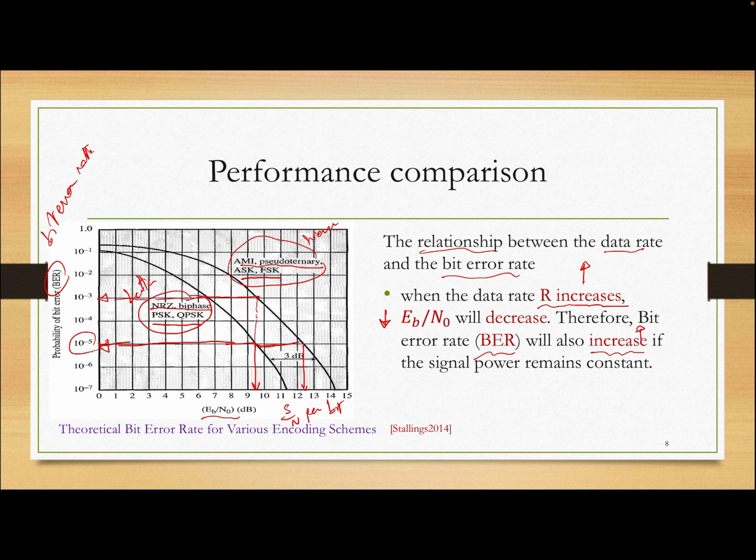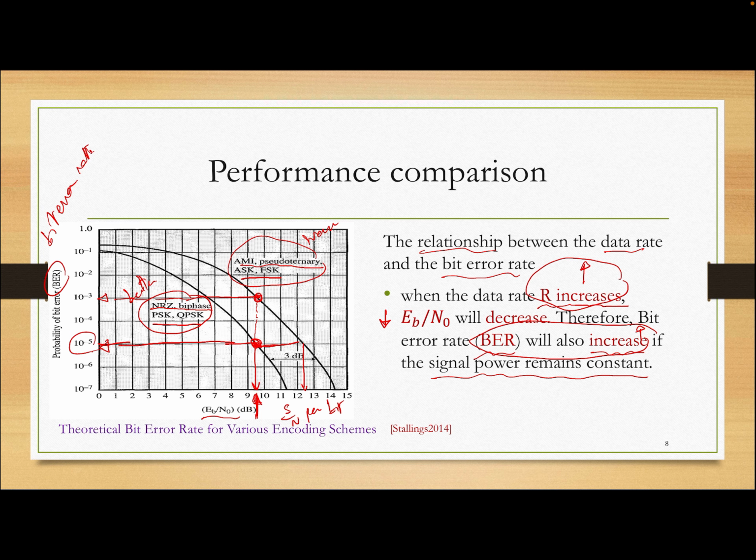So basically, if R increases, the bit error rate will increase, unless you increase the power. So if R increases, the bit error rate increases if the signal power remains the same. If you want to use the same signal power, so SNR remains the same, then you have this point and this point, right?